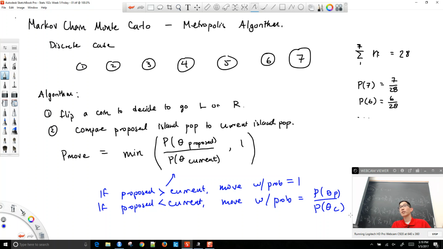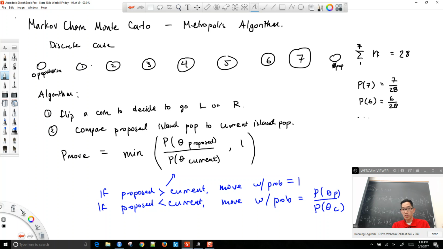Yes? What about on the ends? On the ends, you can pretend you have an island with 0 population, and you have another island with 0 population.